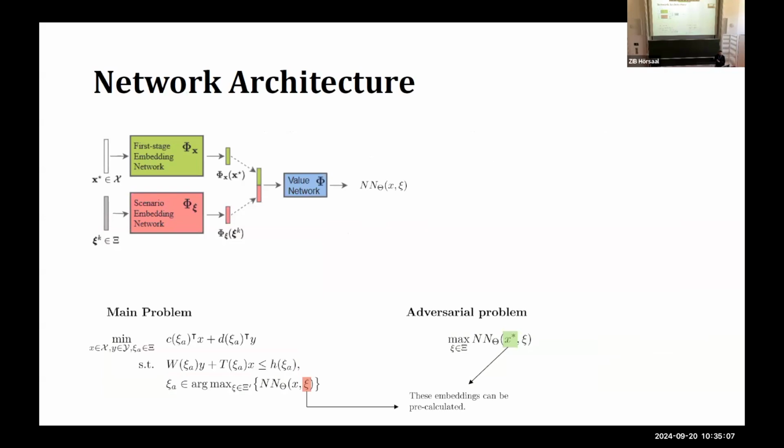Now the question is still, how do we model these neural networks? So there's a very smart idea here, which helps a lot in efficiency. So I told you this whole neural network has to be modeled by a mixed integer program, which can be quite huge. So what we did is actually we have two separate neural networks, which are the embedding networks for the first stage solution X and for the scenarios.